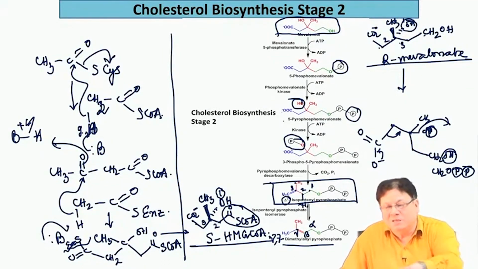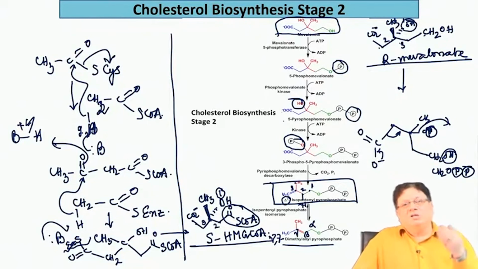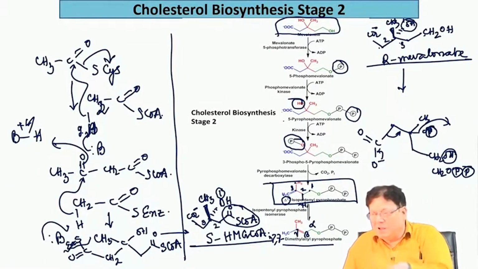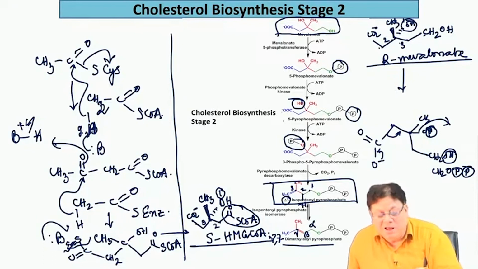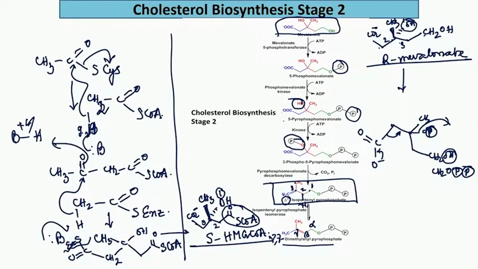So, basically out of this reaction, the condensation between the 3 acetate units led to the HMG CoA, and then HMG CoA undergoes bisphosphorylation and decarboxylation, and ultimately what you get is mevalonate, a mevalonic acid which is in the R configuration, and then through the decarboxylation what you get is isopentenyl pyrophosphate, which is in equilibrium with gamma gamma dimethyl allyl pyrophosphate. Okay. So, these are all 5 carbon units, C5 units.